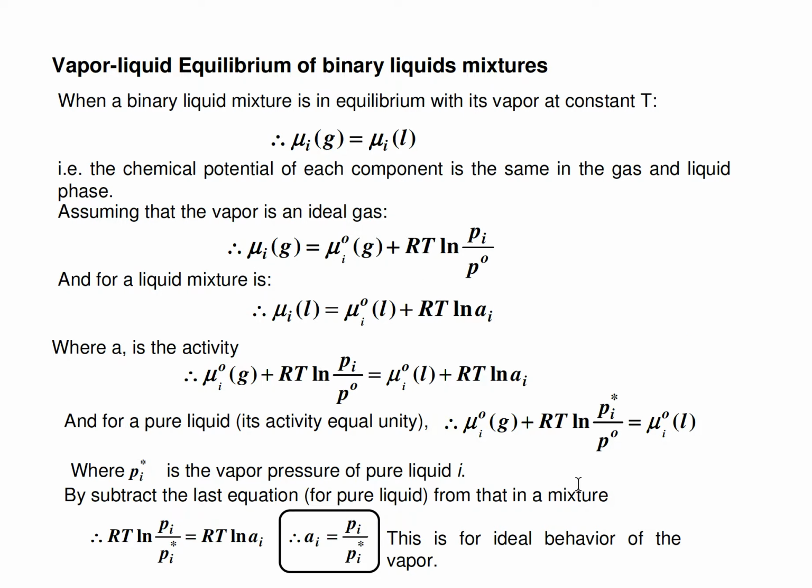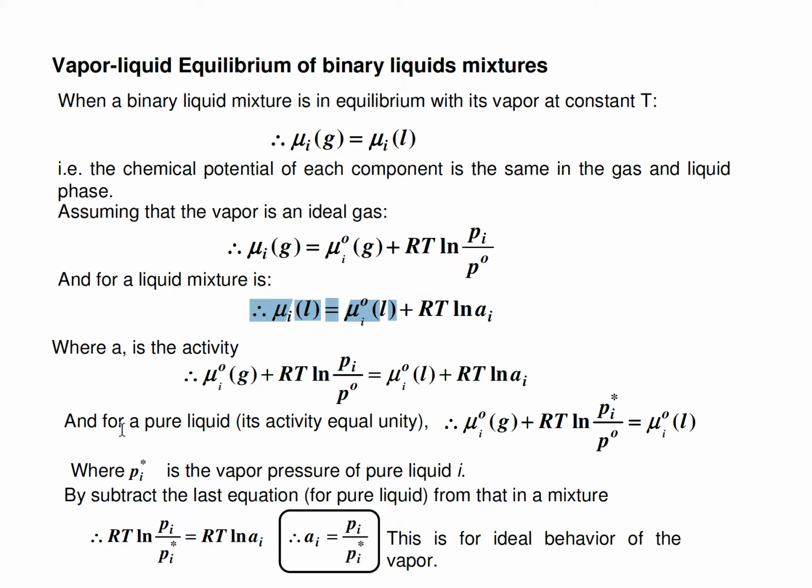Okay, next one is vapor liquid equilibrium of binary liquid mixtures. When a binary liquid mixture is in equilibrium with its vapor at constant temperature, we have this equation, whereby the chemical potential of each component is the same in the gas and liquid phase. Assuming that the vapor is an ideal gas, we have this one as assumptions. For the liquid mixture it is as follows, whereby a is the activity, so we have to convert it into this one.